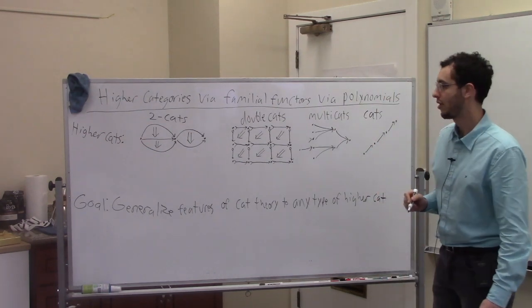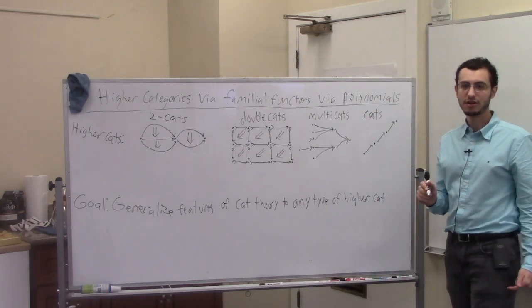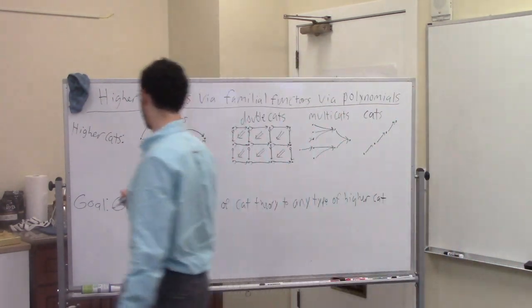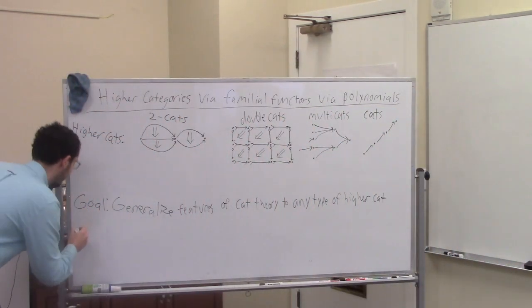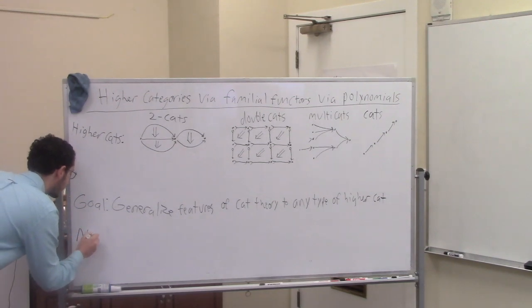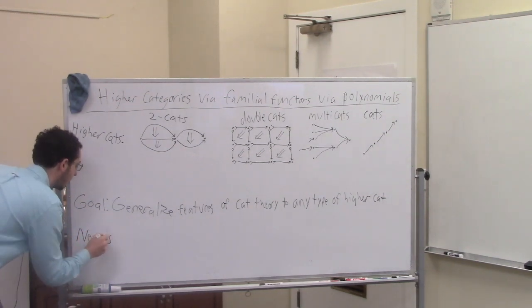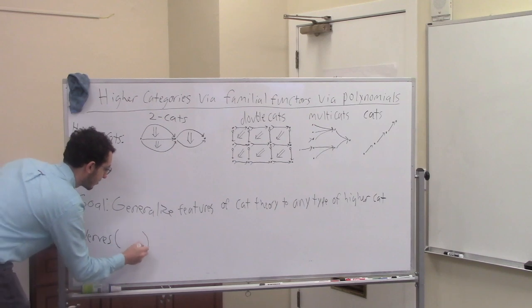And so what are some things that I might want to generalize? Well, ordinary categories have nerves, and these were generalized by Mark Weber.